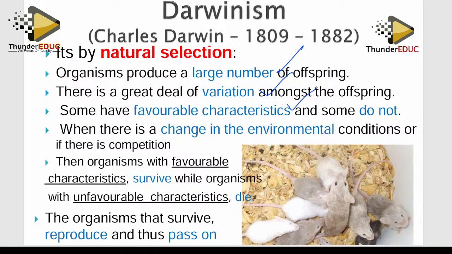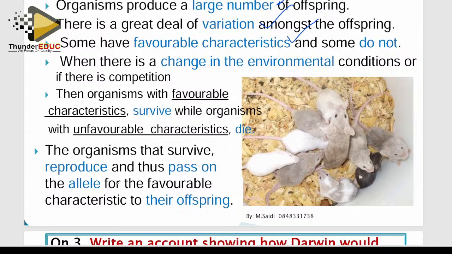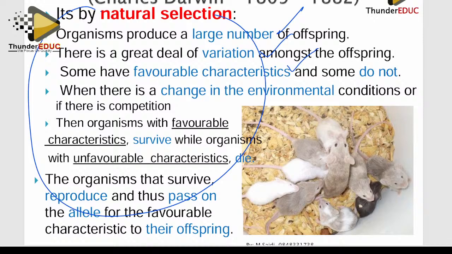Some have favorable characteristics for survival, while others do not. When there is an environmental change, those with favorable characteristics will survive, and those with unfavorable characteristics will die. Then the organisms that survive reproduce and pass on their favorable alleles to the next generation, the offspring. That's what they are trying to get, exactly without change.